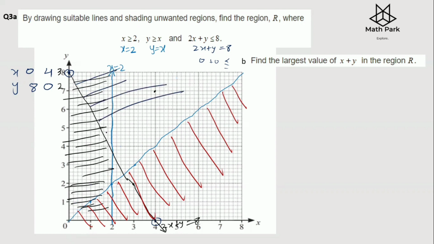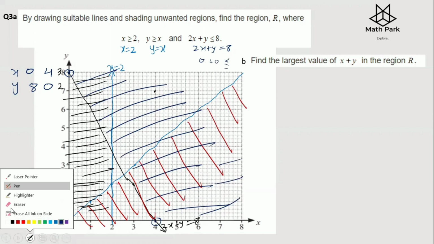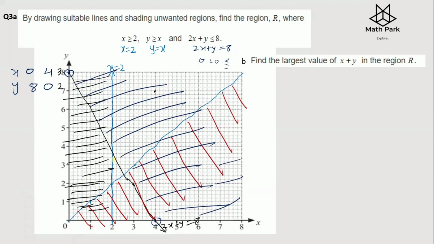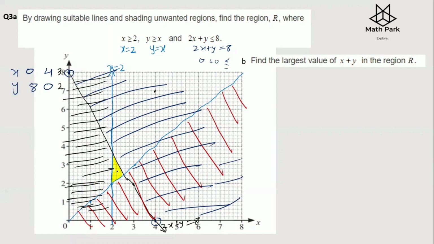The region which is left unshaded is our required region which satisfies all the three inequalities. Let us highlight that. This is our region R. There is less place here, so I'm just mentioning it here.